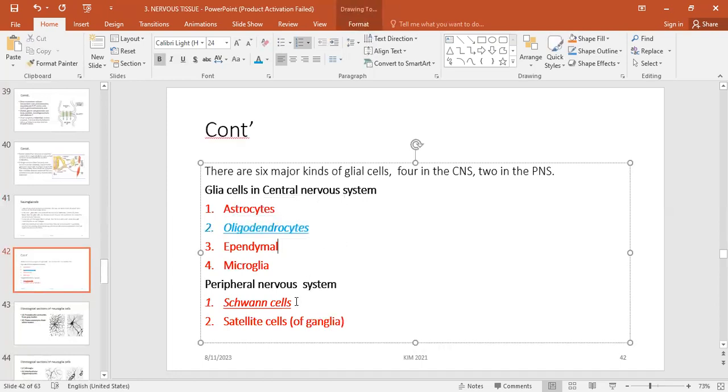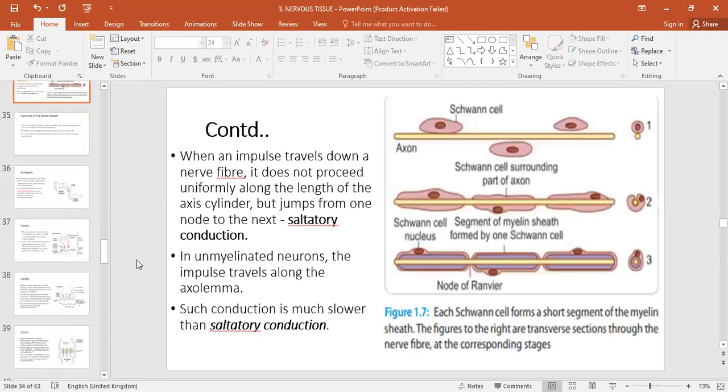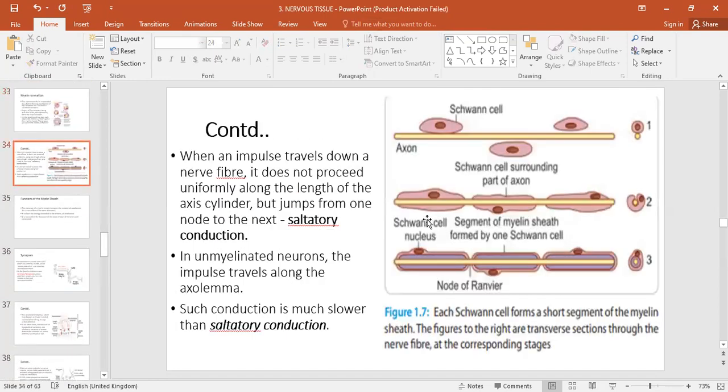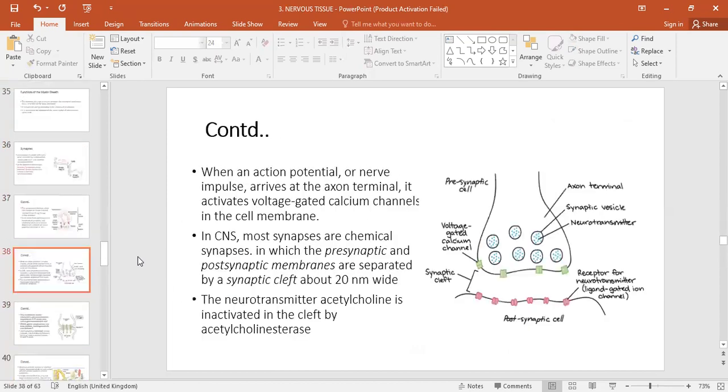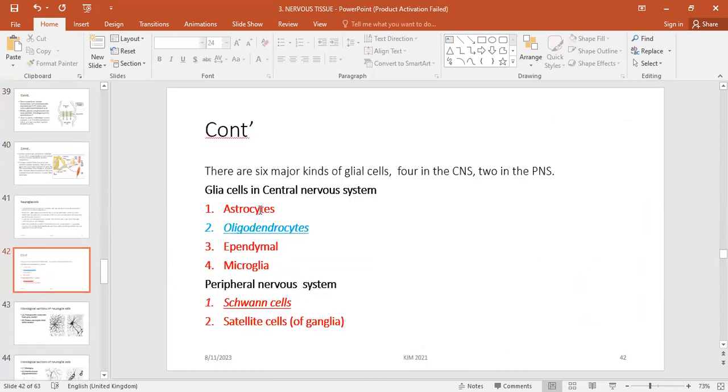These cells form myelin sheath. This process here is achieved by Schwann cell and oligodendrocyte. The only difference is Schwann cells form myelin sheath in the peripheral nervous system, whereas oligodendrocytes form myelin sheath in the central nervous system.